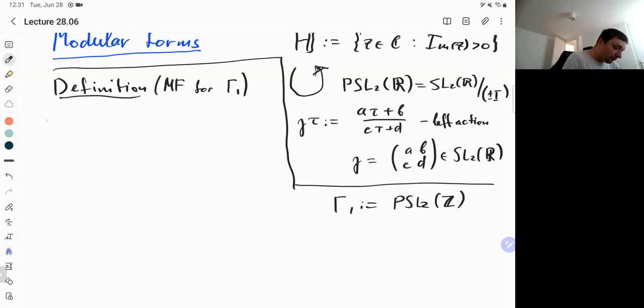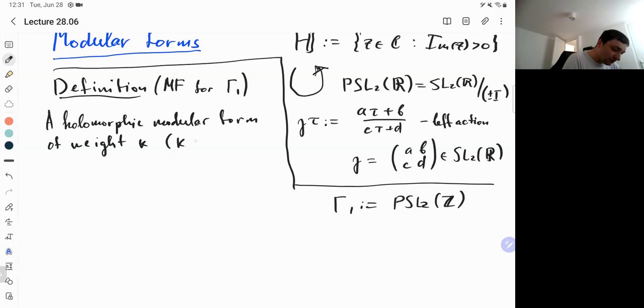So a holomorphic modular form of weight k, and k will almost always be an even integer.